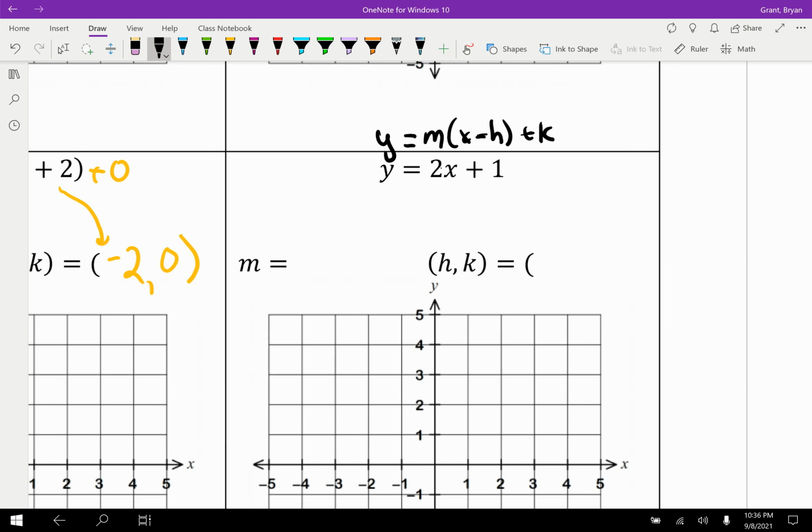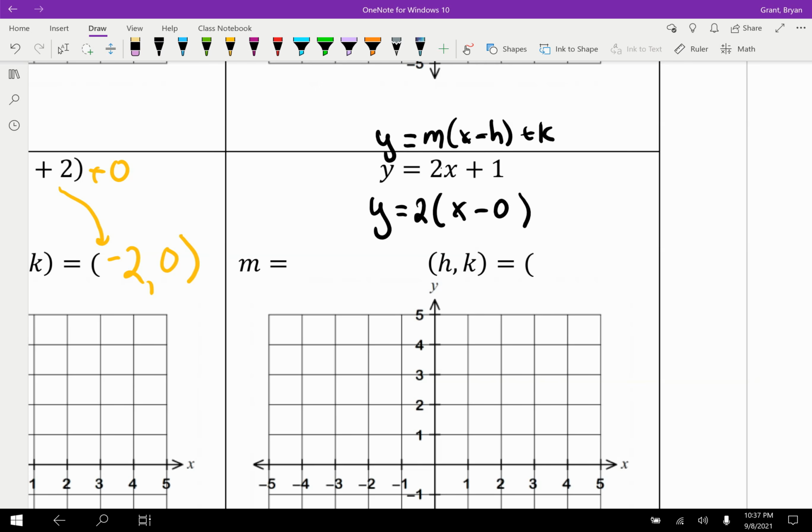So what we're going to do is rewrite this with the 2 on the outside of parentheses, and we're going to put something in parentheses that won't change the problem. I'm going to say x minus 0 won't change the problem, because 2 times x, if you distribute, is 2x, and 2 times 0 is 0, so we don't even need to write it. This is the exact same as the 2x.